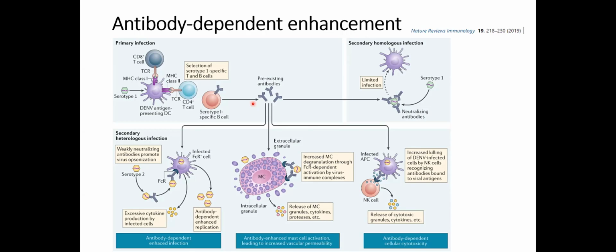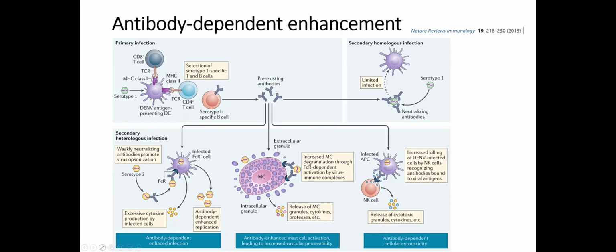And then there are ways in which the antibodies from the primary response can inhibit the development of your secondary response. This is grouped under a topic called original antigenic sin, which is often discussed a lot in flu, but that's different from what's going on here. There, the immune response is inhibiting your immune response. Here, the immune response is facilitating the pathogen.